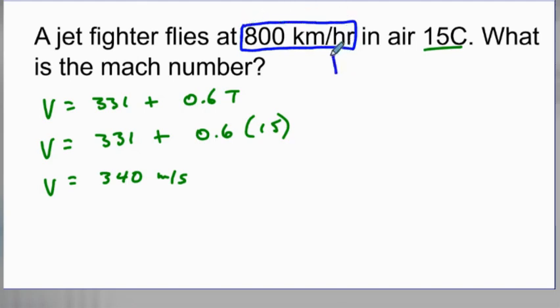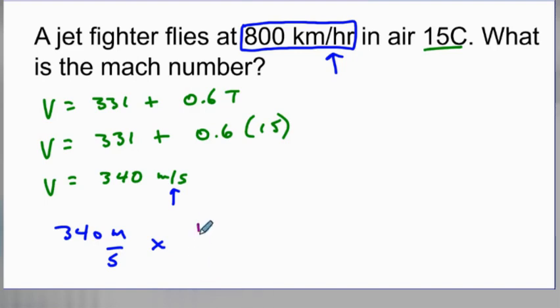And I notice that that's in kilometers per hour and this is in meters per second. And I need to compare the two, but I need to convert either the 800 into meters per second or the 340 into kilometers per hour. And it really doesn't matter which way you do it. So maybe I'll take my 340 and do my unit conversion here.